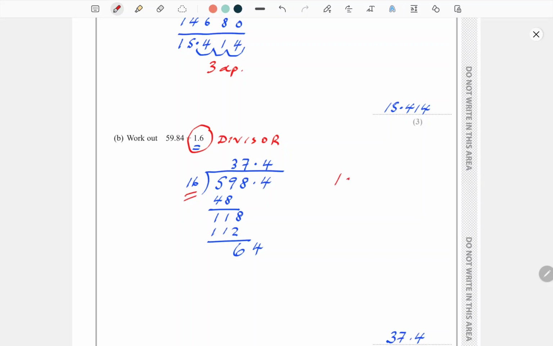In order to do that, you're moving the decimal place once. And you must do the same to the number being divided, all right? That must also go across, 598.4. So as long as you remember to do that, the rest of the division rules are exactly as you would expect. No surprises there.